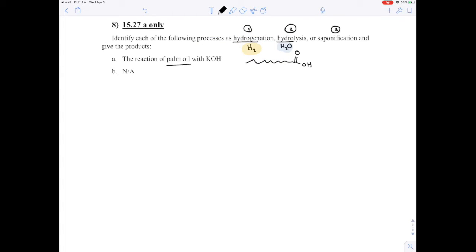And then saponification. Saponification is where you add sodium hydroxide or potassium hydroxide to oils. We saw this when we had the reaction of carboxylic acids with, say, sodium hydroxide.